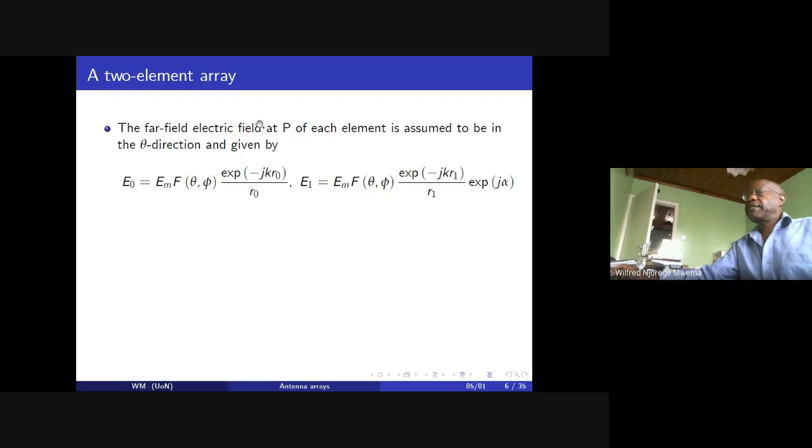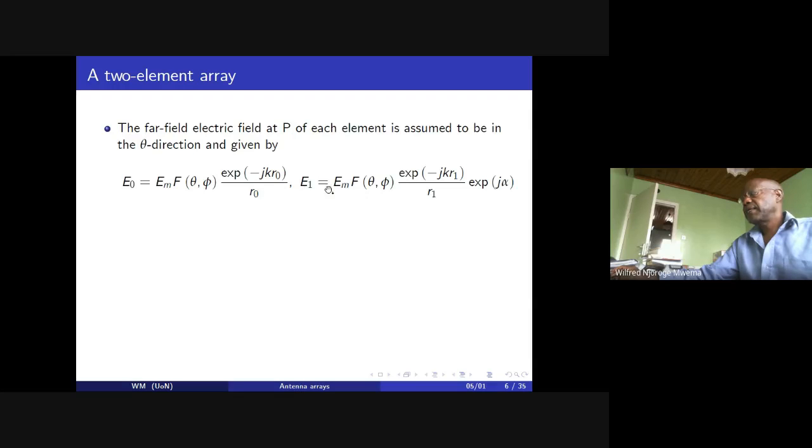So the far field electric field at P of each element will be assumed to be in the theta direction. For the first element, E0 is given by EM, the maximum or amplitude of the E field, multiplied by the element factor and multiplied by the propagation factor.